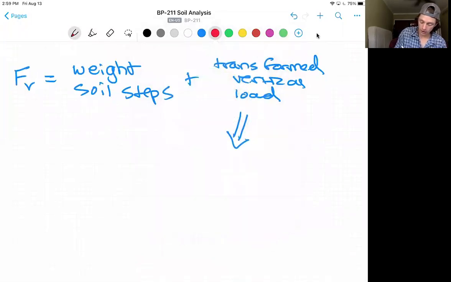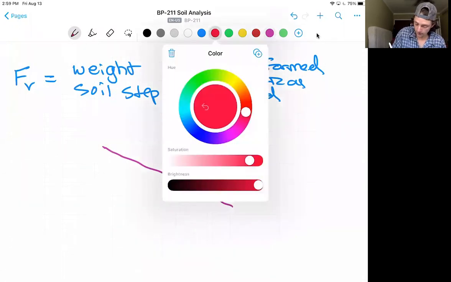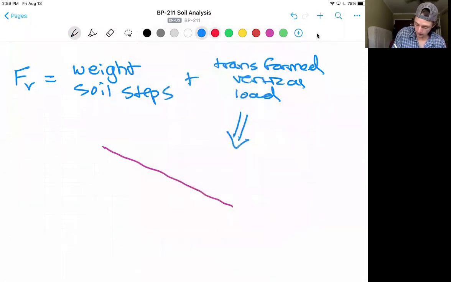And along that slope of that line we drew, which will be our failure plane, we're going to have our vertical forces, and then we're going to have what we want to transform, which would be our forces normal to the soil.